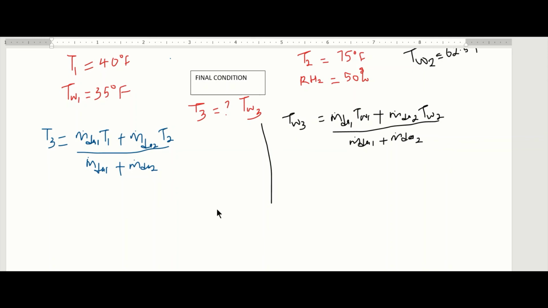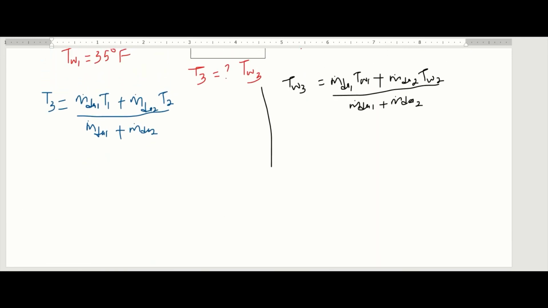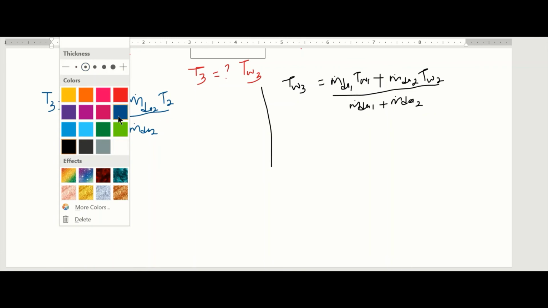So for my final condition for my dry bulb temperature, I put in the values.